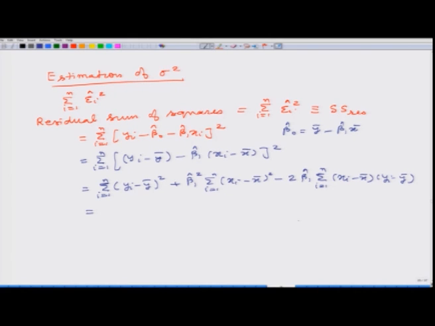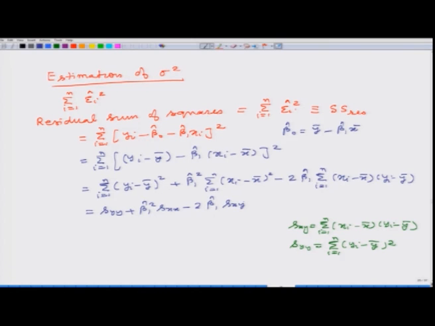If you recall earlier, we had defined the quantity Sxy as the summation of i goes from 1 to n xi minus x bar yi minus y bar. On the same lines I can define Syy as summation i goes from 1 to n yi minus y bar whole square. So, this quantity now becomes Syy plus beta 1 hat square times Sxx, minus twice of beta 1 hat Sxy.